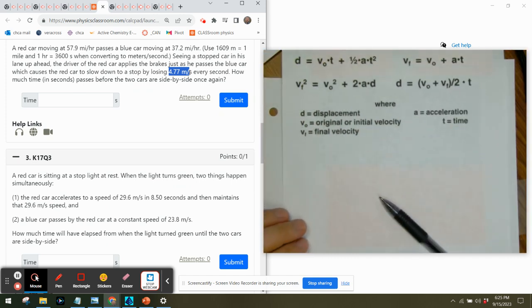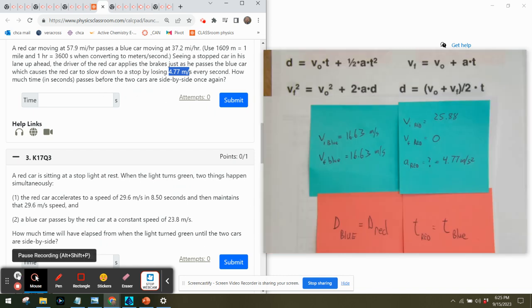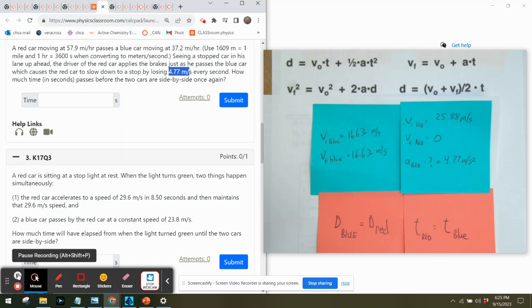So when we're looking at our four main equations here, that should be meters per second, I apologize. On the blue side, all we have are initial and final velocity.